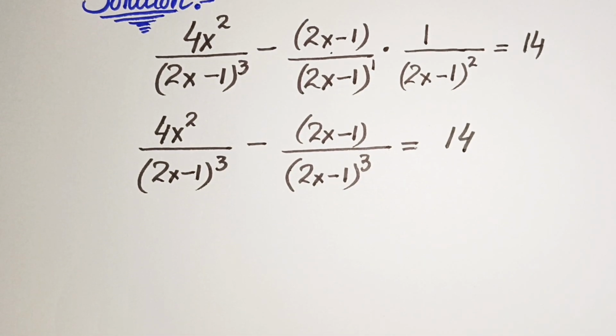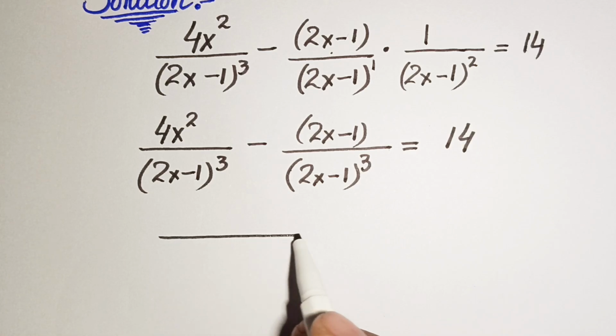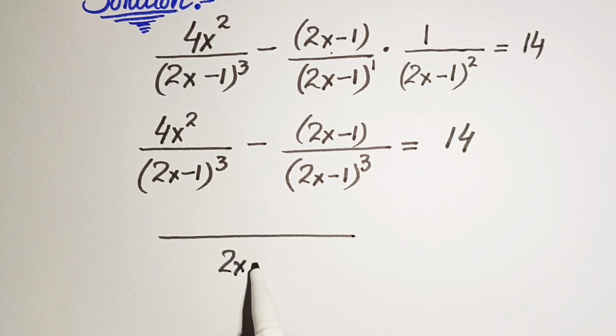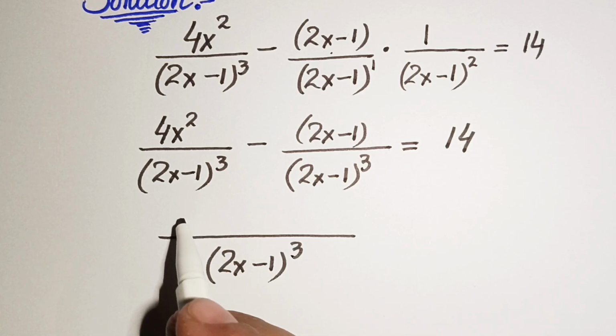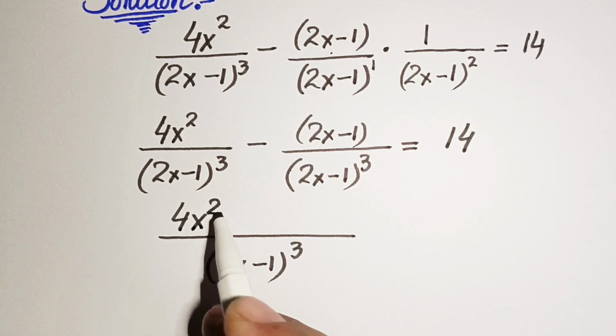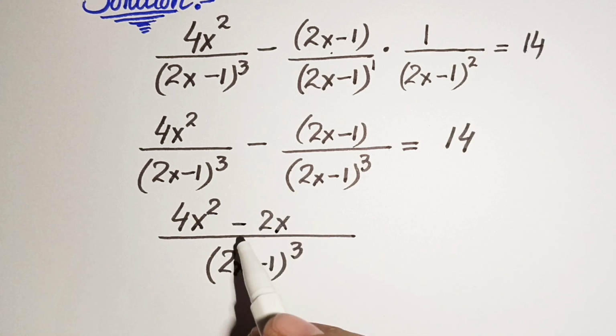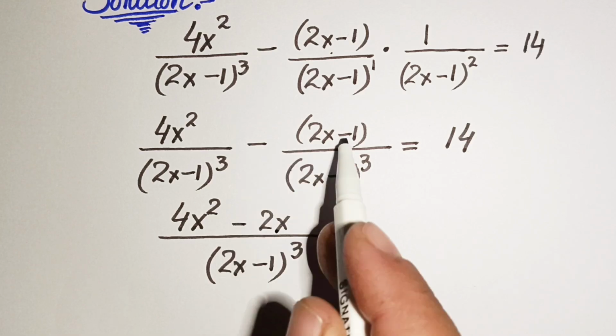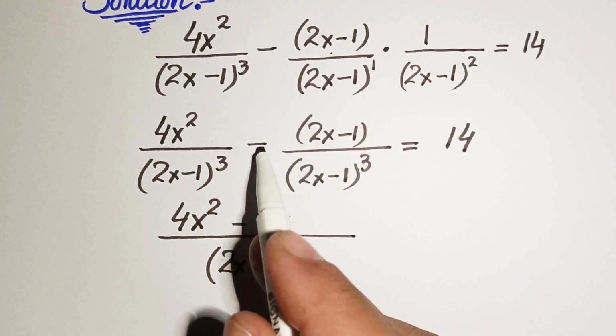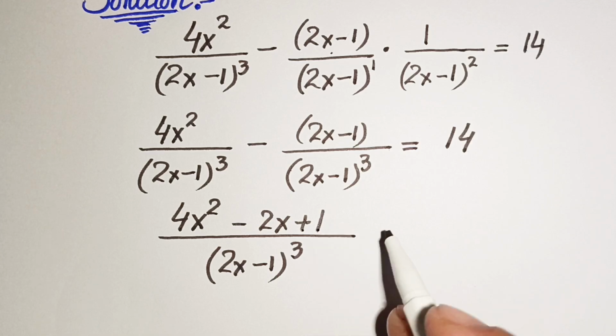Now we see that the denominator is the same in both fractions, (2x minus 1) whole cubed, so we take the least common multiple, that is (2x minus 1) whole cubed. When divided by this we get 1, so 4x squared, and here we get minus 2x, and minus times minus is plus 1.